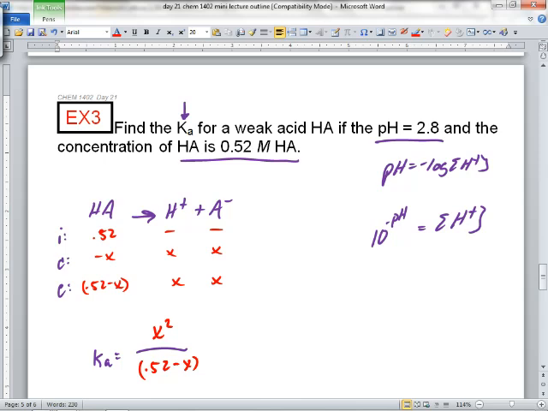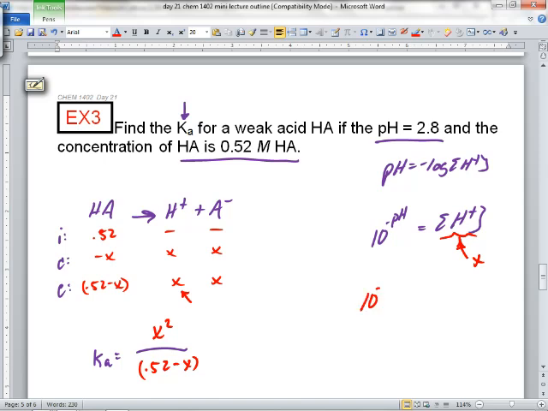Okay. So Javier, how are we going to get the x? We don't know. We're after this Ka number. Because remember, our hydrogen ion concentration, that is our x. Look right here, that is our x.